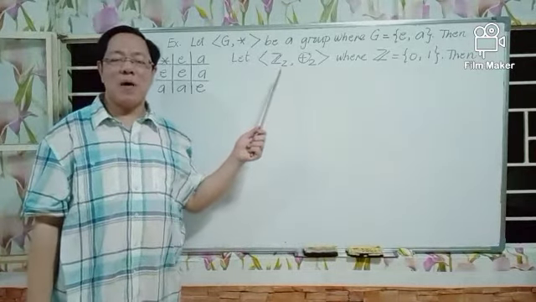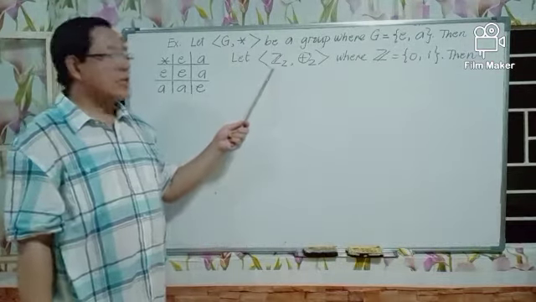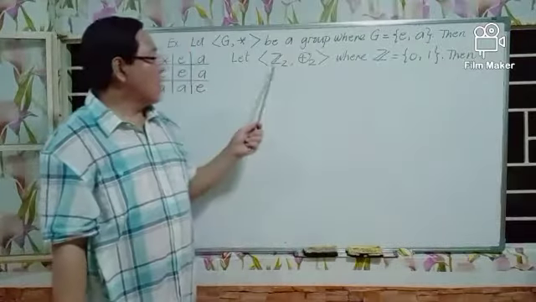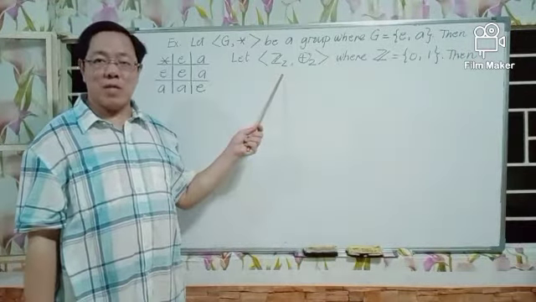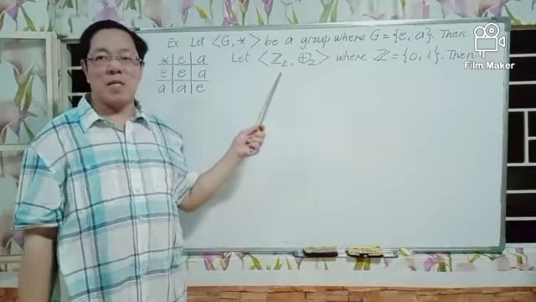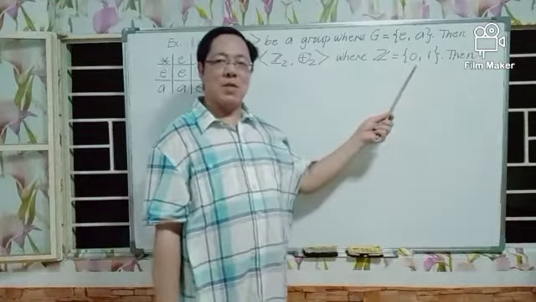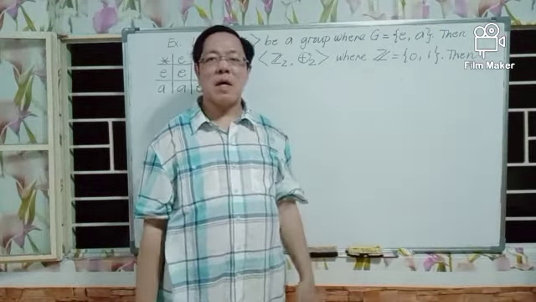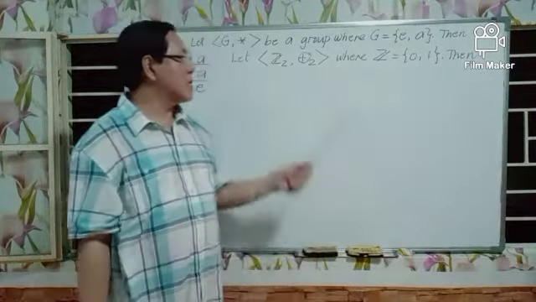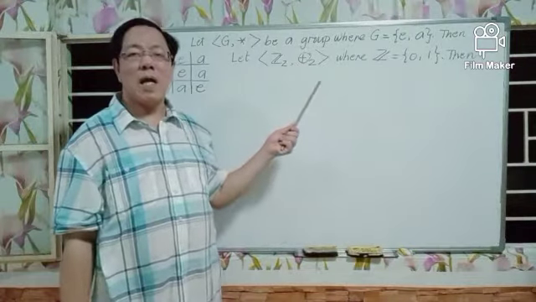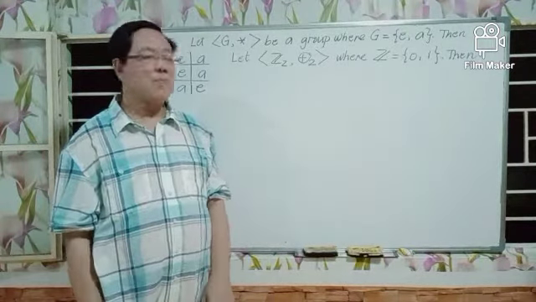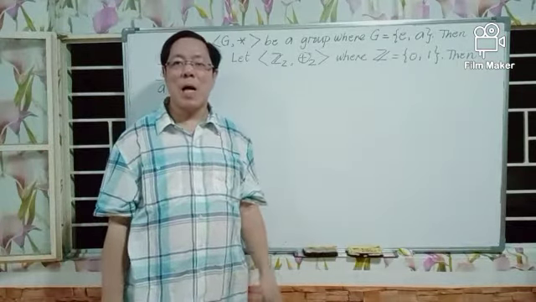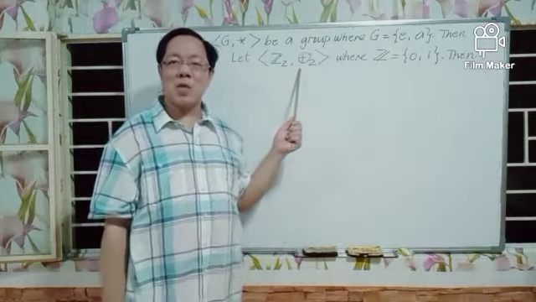As we defined in the previous lesson, C2 is the set of integers from 0 up to n minus 1, where n here is 2. Therefore, the elements of C2 are the integers 0 and 1, where 0 is the identity element under addition modulo 2. And again, we construct the table to show the structure of this group C2 under addition modulo 2.